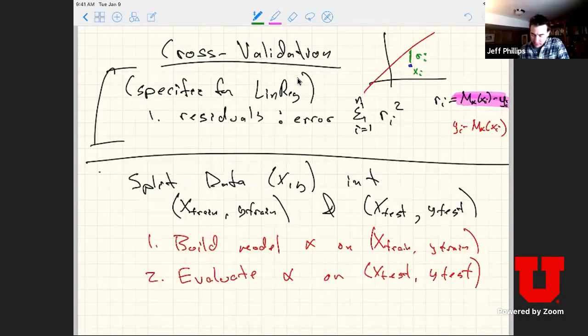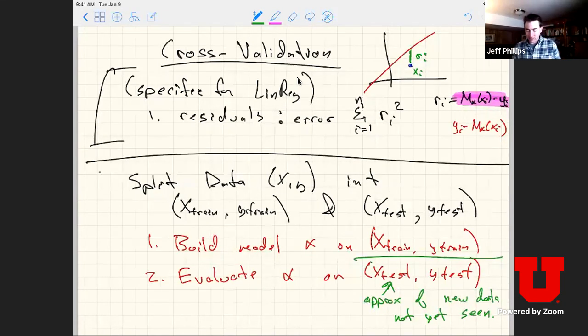So this is basically an approximation of new data not yet seen. We want to do well on data we haven't seen yet, but because we haven't seen it, we use the data we have and pretend we haven't seen it when we build the model. So we separate the test and the train so that we don't spoil the model with what we use to do the evaluation.